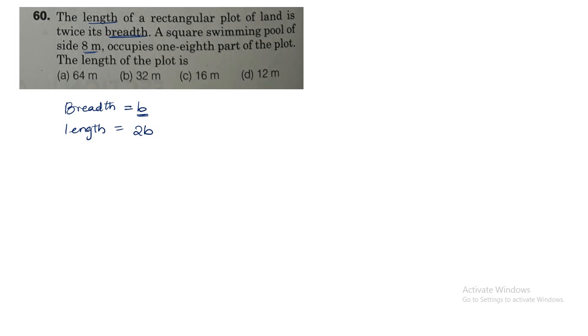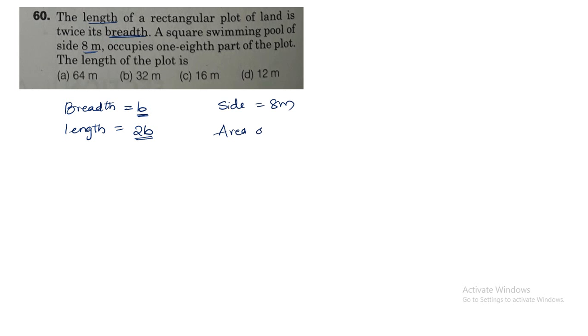Okay, a square swimming pool of side 8 meters occupies 1/8 part of the plot. So here there are two conditions given. Length and breadth of a particular plot is given, and next a square swimming pool of side 8 meters. So side of square is 8 meters, occupies 1/8 of the plot. Occupies 1/8 of the plot means, what can you say about that?